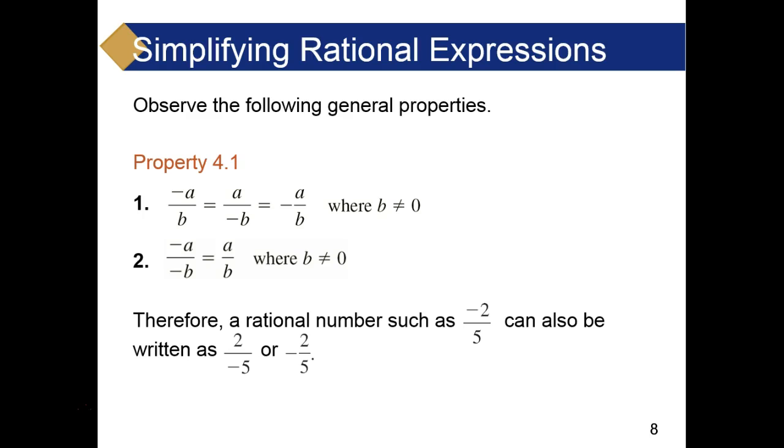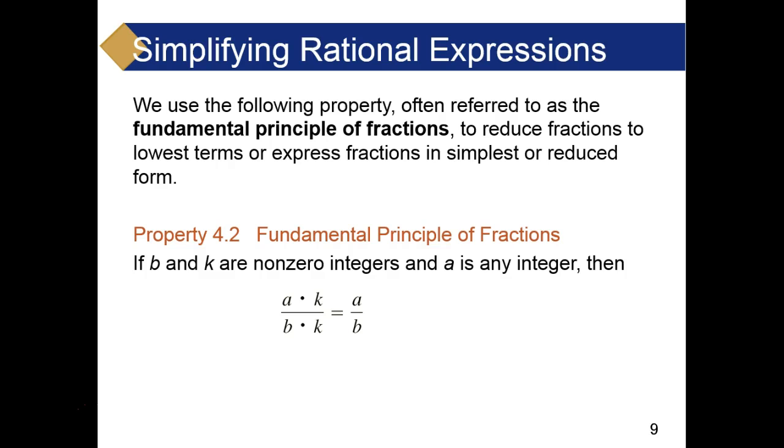But negative a over negative b is just the same as a over b, of course, as long as b is not 0. So, give me 2 other expressions for negative 2 over 5. 2 over negative 5, there's one. And negative 2/5 is another one. Very good. Make sense? All right, good deal.